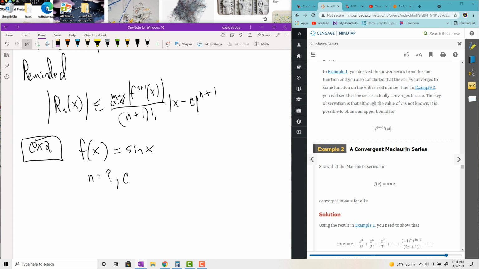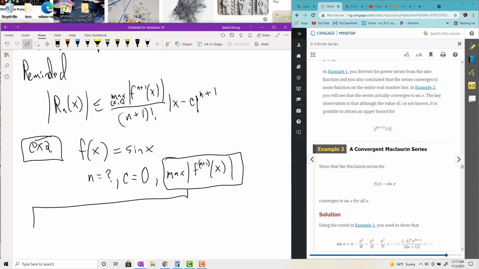The c value, it's Maclaurin, so c is going to be 0, and this max value is going to end up being 1. So the max of the n plus first derivative of f on the number line is what we'll deal with.